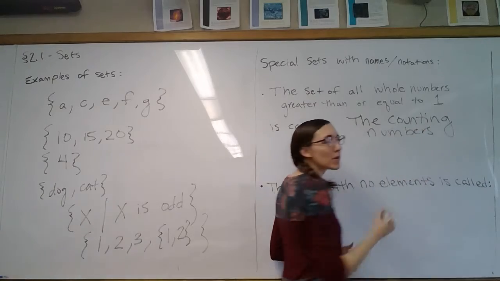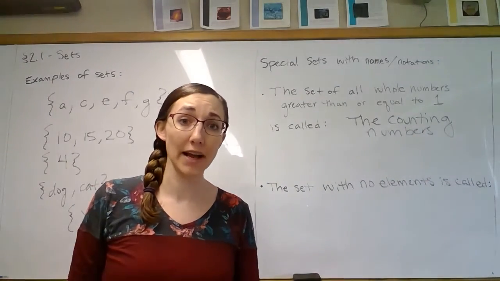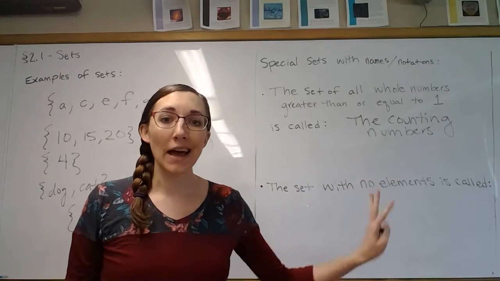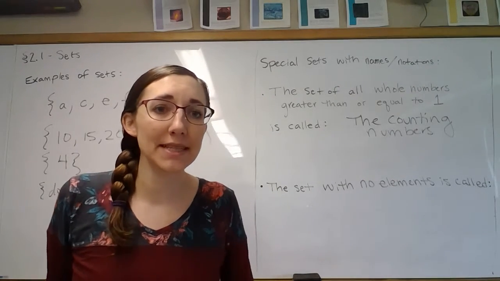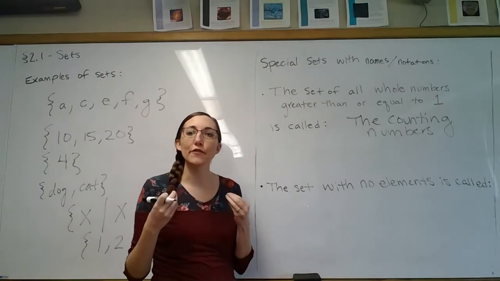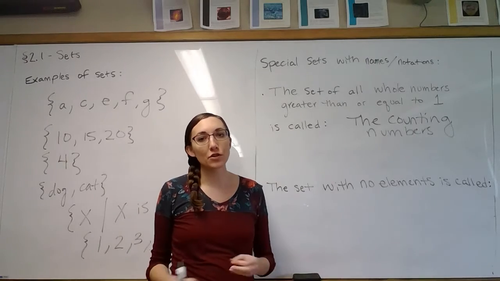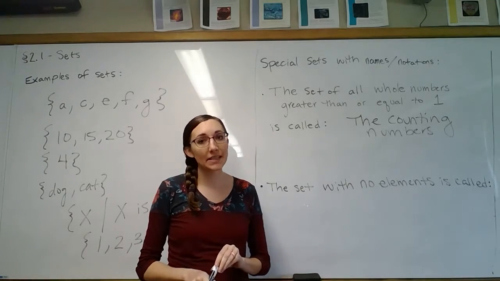You can kind of remember what's in the counting numbers, because if you think about a little kid counting, right, they go 1, 2, 3, 4, and then keep going on from there. So that's the set of all counting numbers. So in a way, just saying the phrase counting numbers is a verbal description for the set.